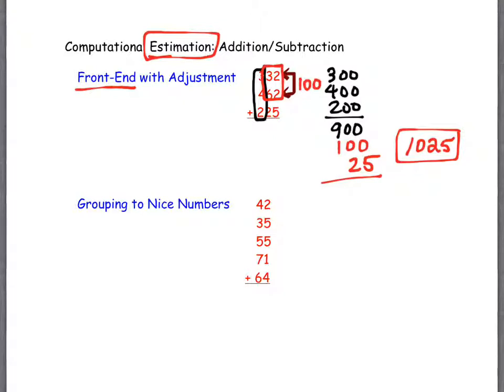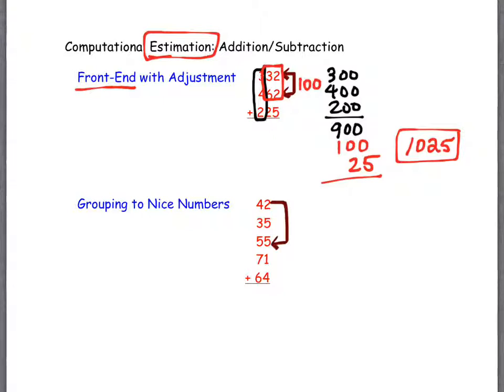All right, these, again, are like doing compatible numbers. So we're going to group them in such a way that they're nearly compatible. They almost add up to what we want. So what do you see here? A couple of numbers that sort of almost add up to something nice. Okay, we have to take the whole number as a whole. 42 and 55, okay.